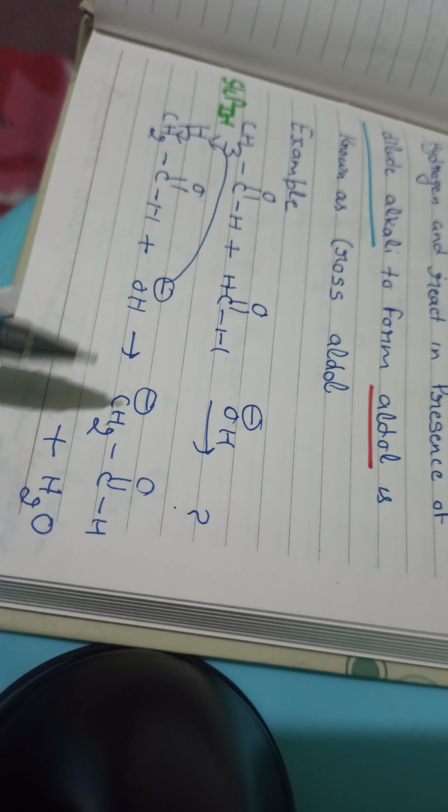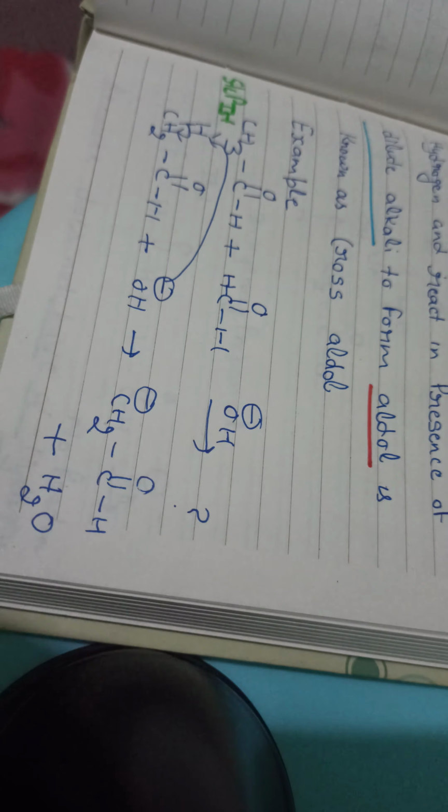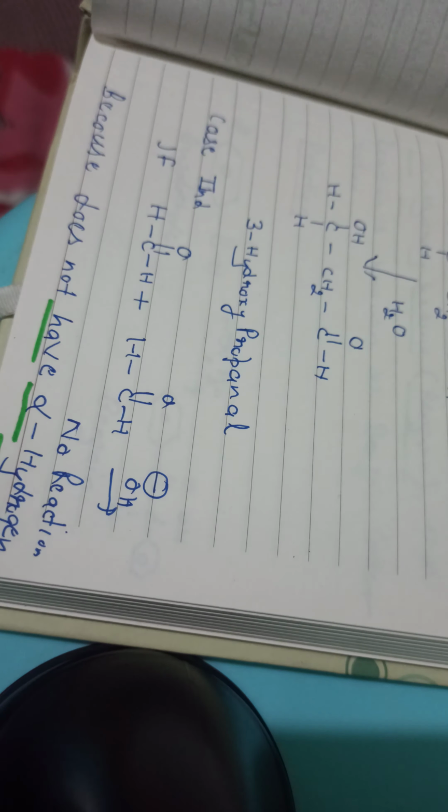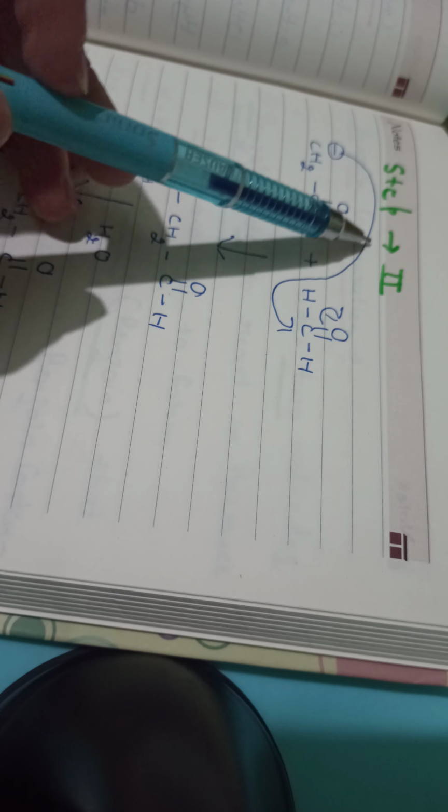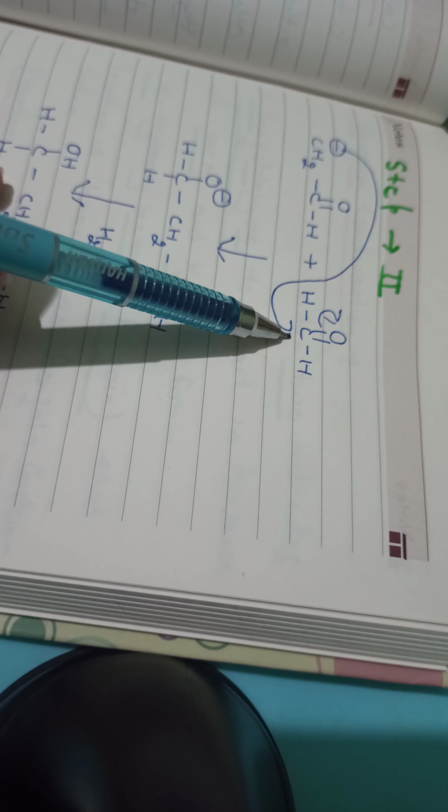Now this carbanion reacts with the second molecule of aldehyde which does not have alpha hydrogen. So the negative charge of this carbanion attacks the carbonyl carbon and the bond is transferred to the oxygen.